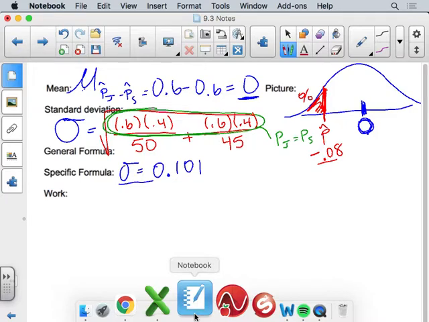Okay, so we're going to try and find what percent chance I have of getting this value of negative 8%. Like seniors were more likely by 8%, given this information. So then I'm going to do a z-score. Negative 0.08 minus 0 divided by the standard deviation, 0.101.